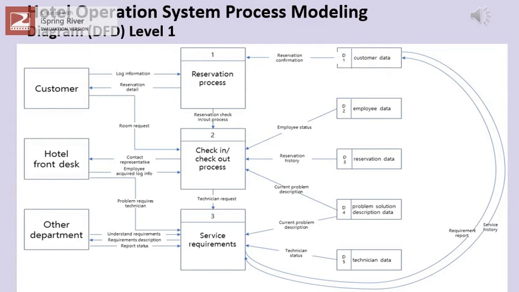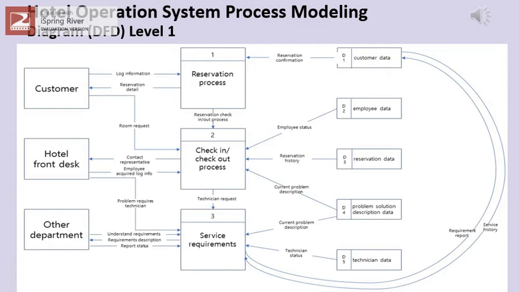And for the service requirements part, it is not only the hotel front desk agent who can do the service requirements. When the guest needs something in the room, or has a problem, for example, maybe the TV is not working in the room, they will call the front desk.